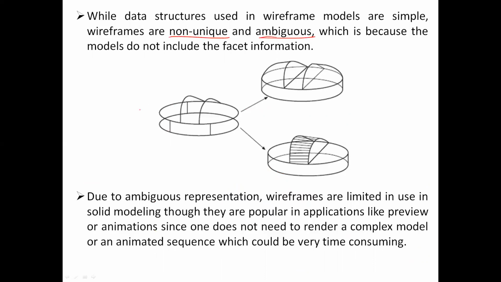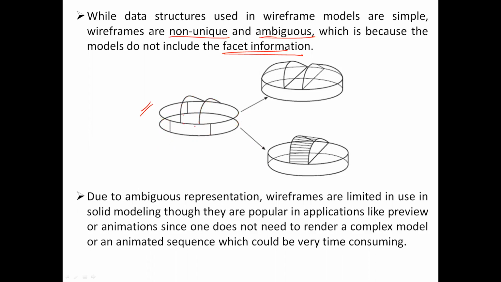Now, if you look at this object, it has got a circular cross section. There are two curves which are connected to each other. Since it does not contain any facet information, the visualization of the product goes according to the viewer.